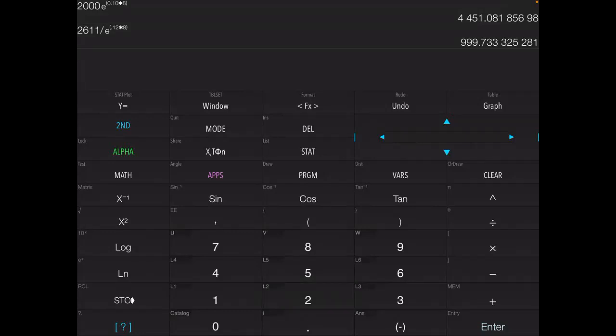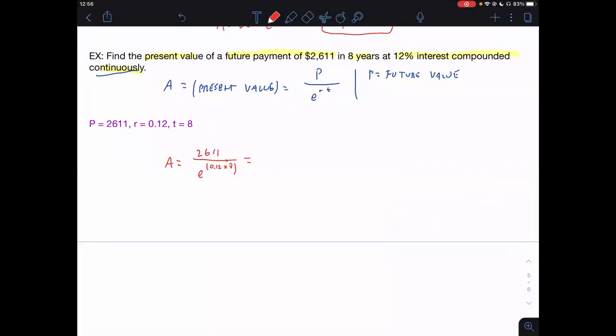So if this is what the future payment is going to be in 8 years, then that means the present value has to be $999.73, almost $1,000. So 999 and 73 cents will be the present amount of this future payment.